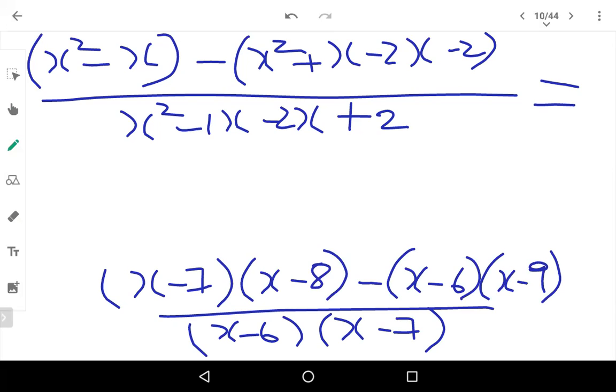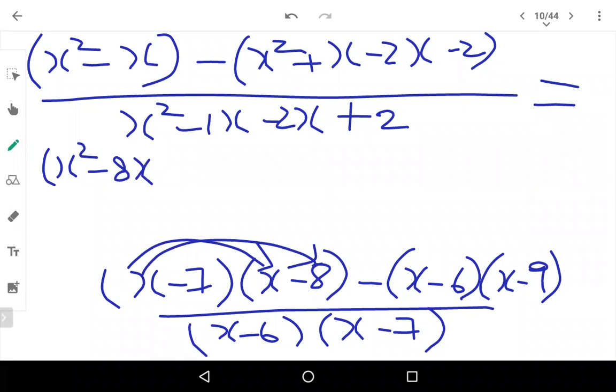So this is what we had. So let us multiply now. x into x, x square. I'll take it from this end only. x into x is x square. x into minus 8 is minus 8x. Minus 7 into x is minus 7x. And then we have minus 7 into minus 8, which will be plus 56. So that is your first expression of multiplication.